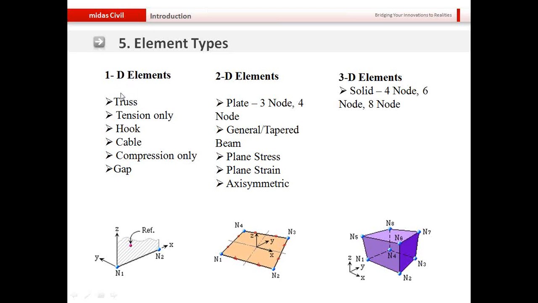They may be like truss elements, cable elements, compression only gap elements, or beam elements. But when we want to do detailed analysis and we want to check local stresses, then we go for plate modeling or solid modeling. So there are 3-noded and 4-noded plates available. And for solids, we have 4-noded solids, 6-noded solids, and 8-noded solids.